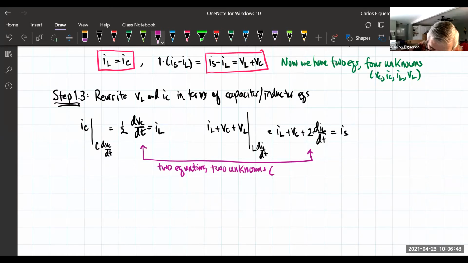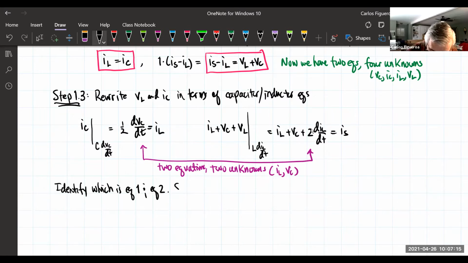My unknowns, of course, are IL and VC. So now the next thing that we need to do is identify which is equation 1 and equation 2.